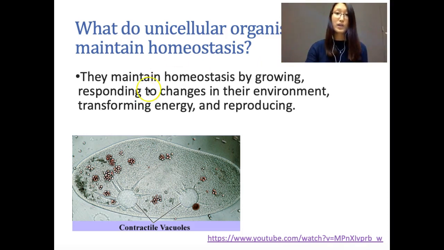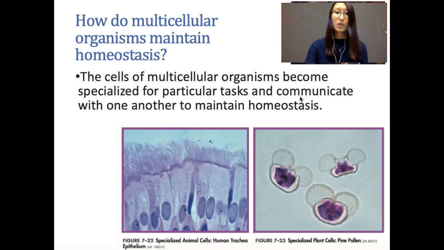A multicellular organism will do every single one of these tasks, but there's one more task that a unicellular organism will not do. So what we have right here is called cell specialization. The cells of multicellular organisms become specialized for particular tasks and communicate with each other to maintain homeostasis.